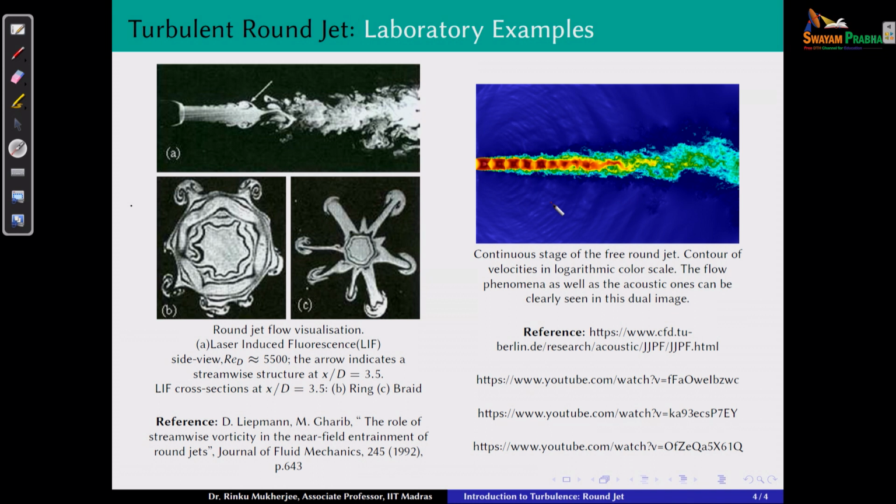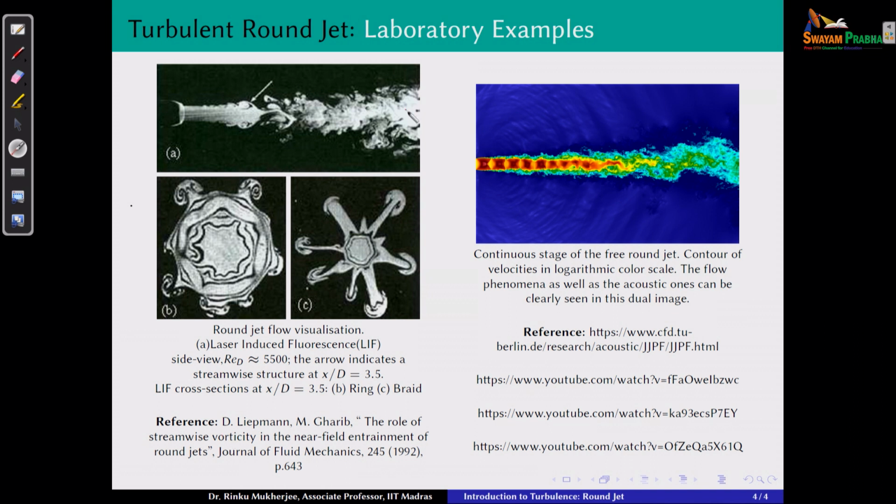The experiments on the left hand side are for a low speed subsonic flow, while the CFD on the right hand side is for a supersonic flow. I've given you the reference from where this is taken, and you should be able to look this up.